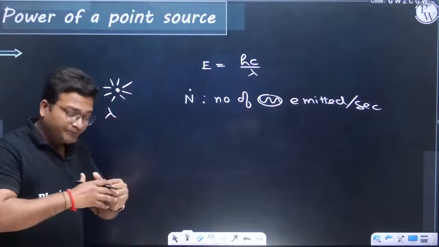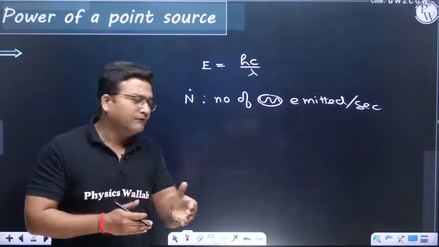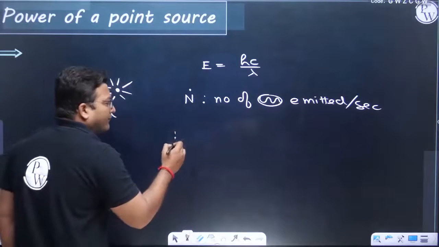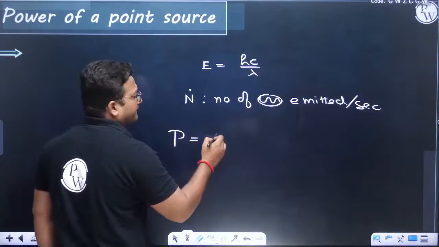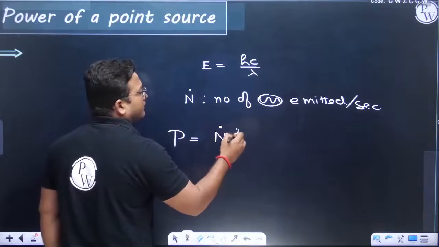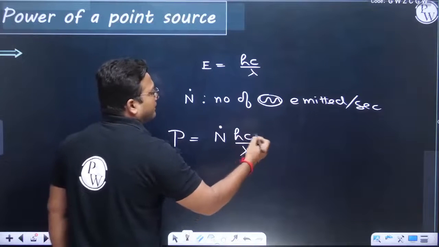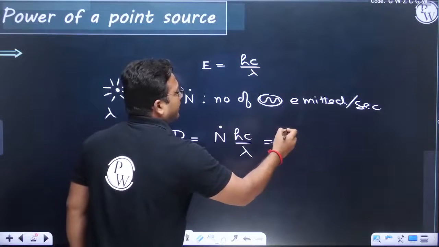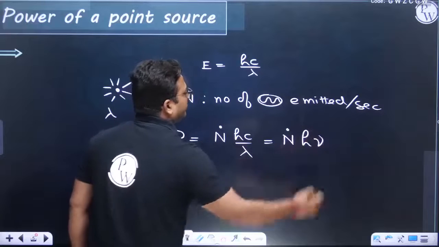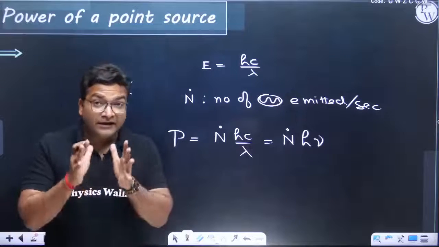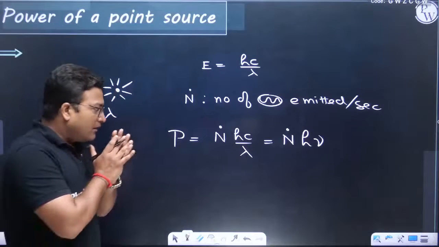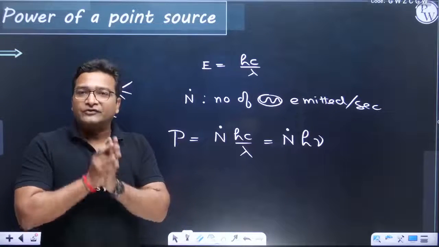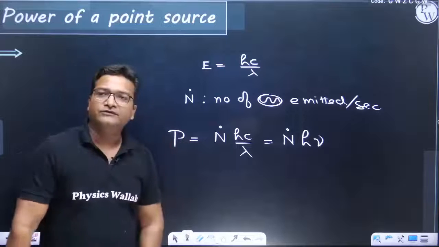So the energy emitted per second would be the power of this source, and this power is given by n dot hc by lambda. We can also write it as n dot h times nu. So this is actually the energy emitted by the source per second, or the power of the source. Okay.